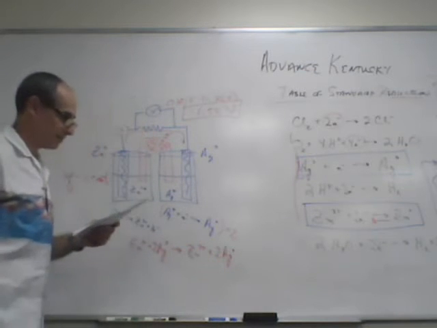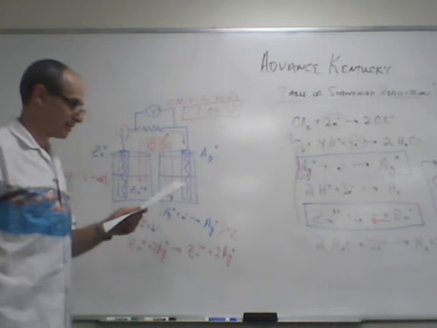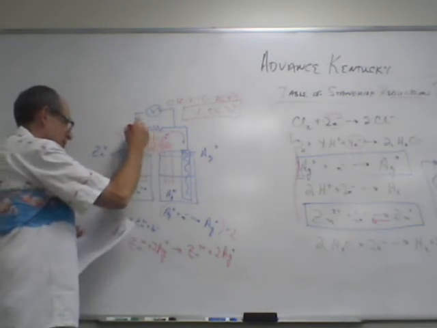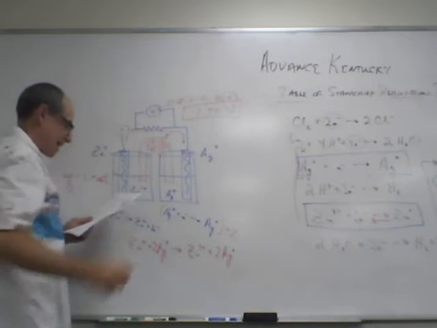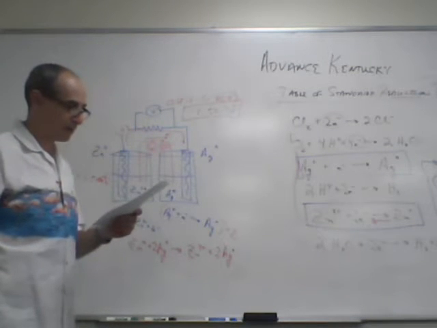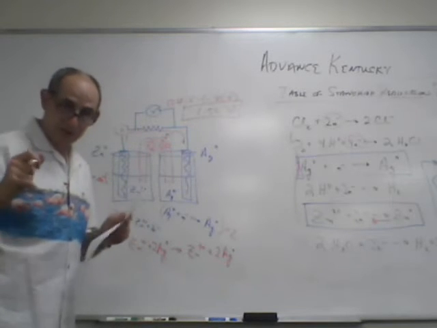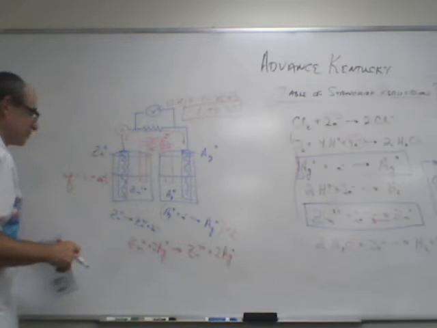Let's go ahead and use the numbers here to get the stoichiometry. Let's assume that this cell operates. We now close this switch and allow a current to flow, and a constant current of 1.5 amps flows for 40 minutes. Important to remember that an amp is a coulomb per second.